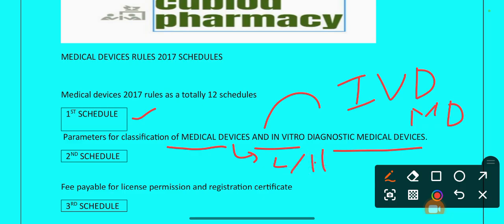So what does the first schedule cover? It classifies IVD and medical devices based on risk, and you can follow this in the first schedule of the Medical Devices Rules, 2017.